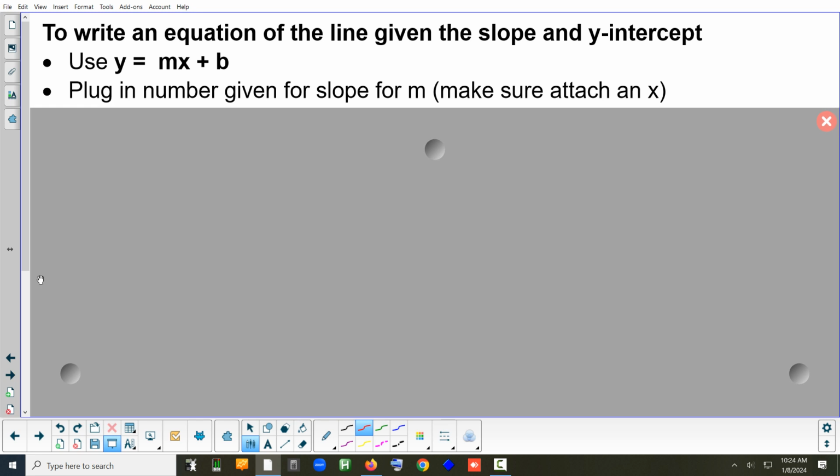So to write an equation of a line, if I tell you the slope and the y-intercept, where it says use, and then you have that first bullet, you've got some blank space next to it, put down y equals mx plus b. You're pretty much going to write that for every problem we do.